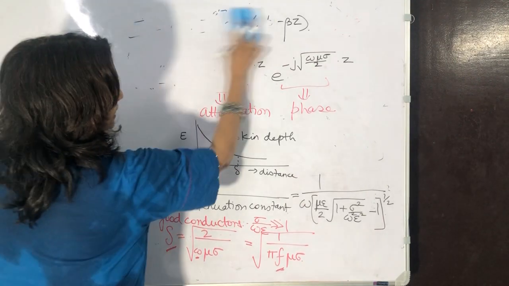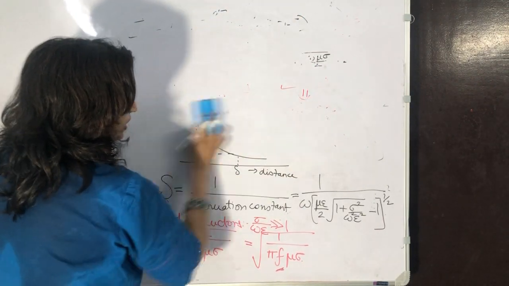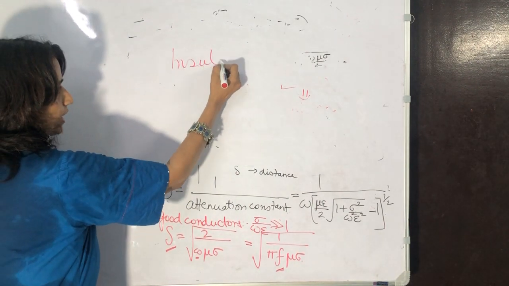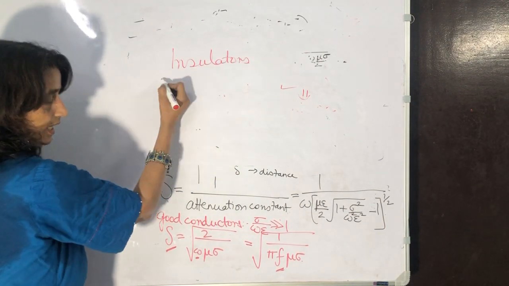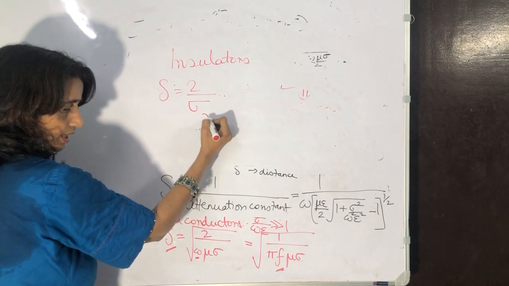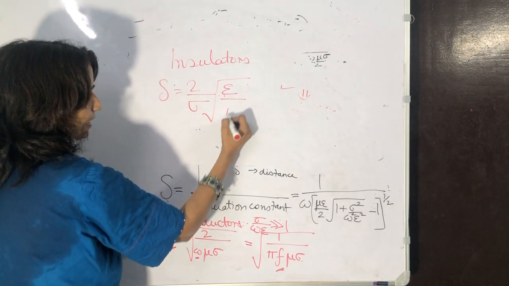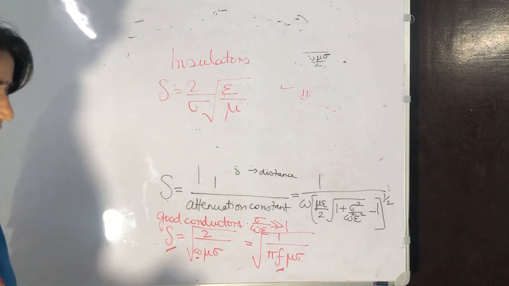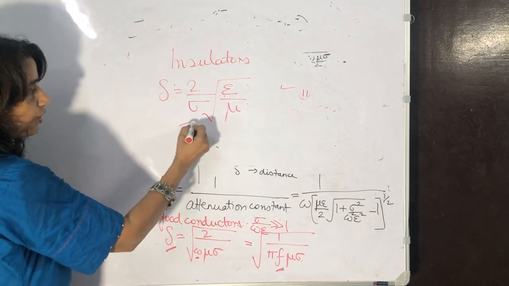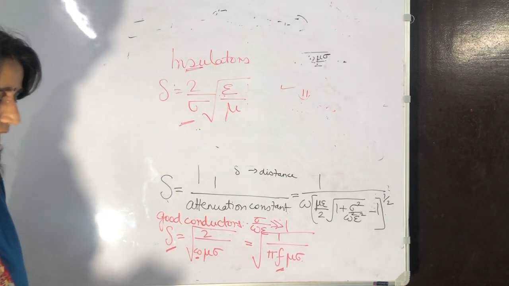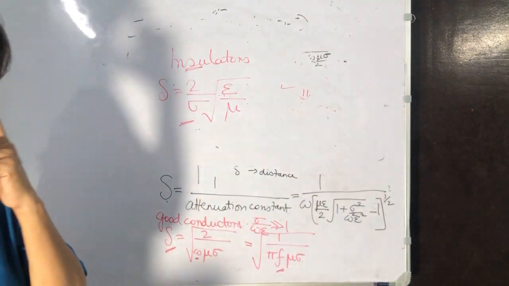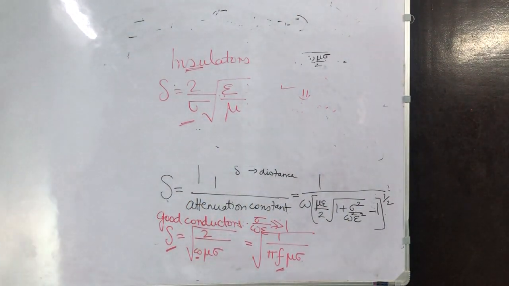For insulators, the skin depth delta is equal to 2 upon sigma under root epsilon upon mu. The skin depth for insulators is independent of frequency. So these are a few formulas. Now we will continue in the next lecture with further theory. Thank you.